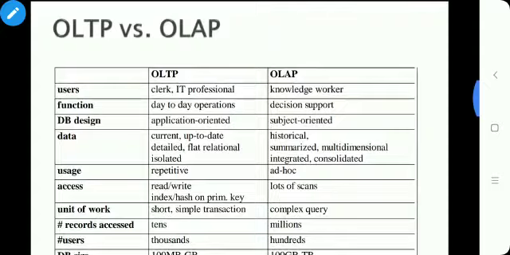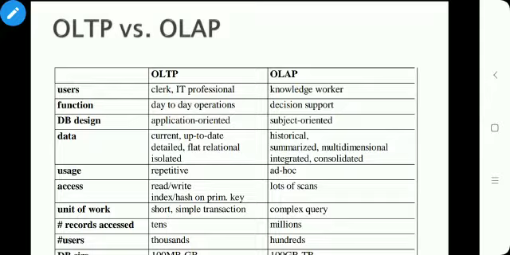Now we will see the difference between OLTP and OLAP. What is OLTP? Online transaction processing, which is our relational database system which keeps the current day-to-day transactions, meaning online transaction and query processing. And OLAP is online analytical processing, meaning our data warehouse.